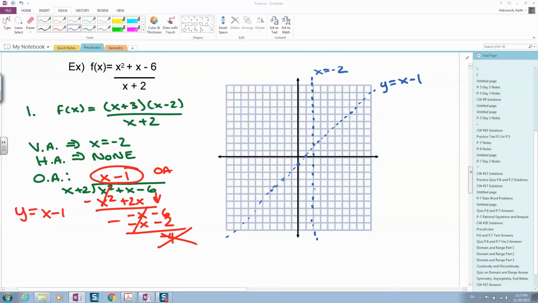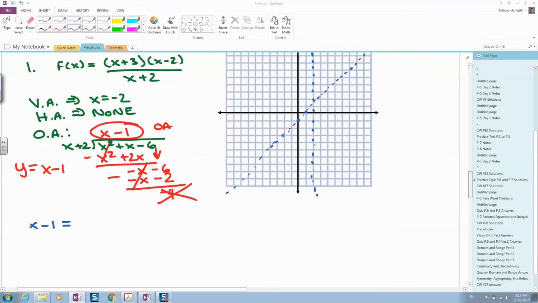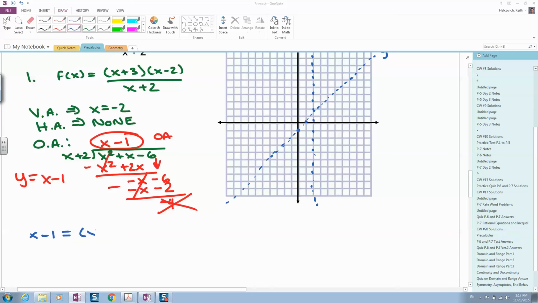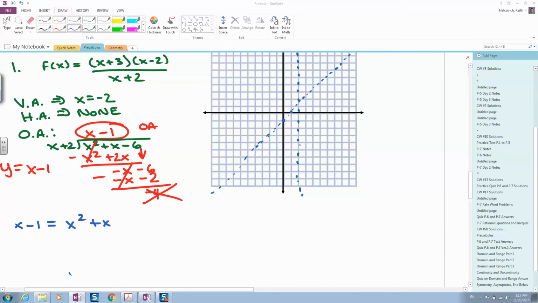Okay, so now after that we can determine if the oblique asymptote is crossed, because remember, we'll take the x minus 1 and we'll substitute it in for y to see, is the oblique asymptote ever crossed? So we put it into the function for the y value. The top is x squared plus x minus 6 over x plus 2. Then remember, we're going to multiply to get rid of the denominator.